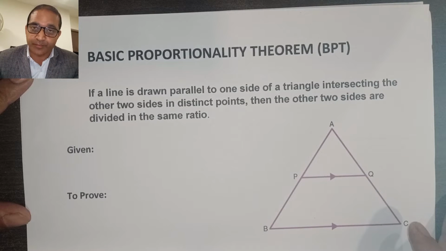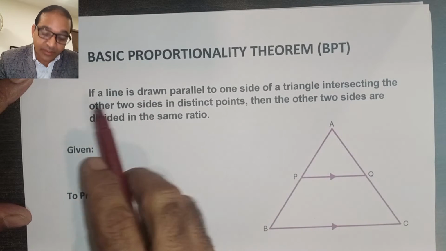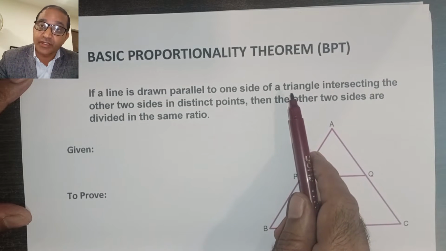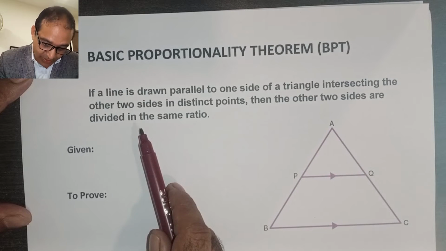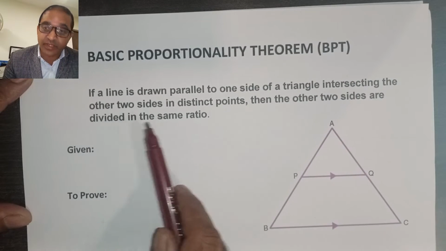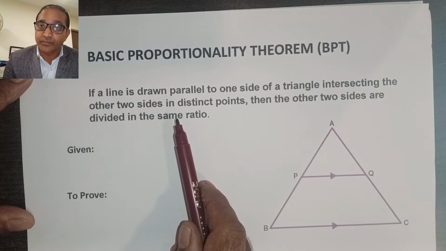Basic proportionality theorem. It says that if a line is drawn parallel to one side of a triangle intersecting the other two sides in distinct points, then the other two sides are divided in the same ratio.